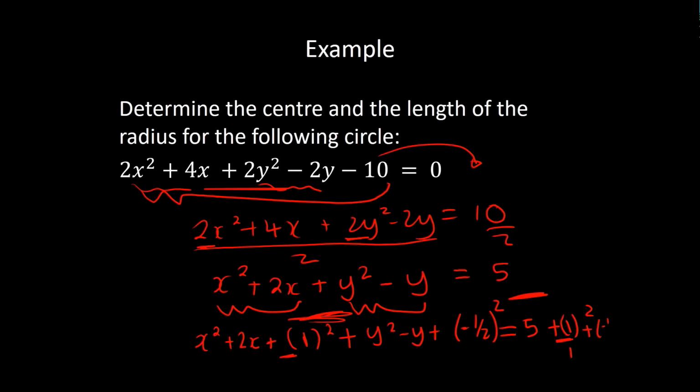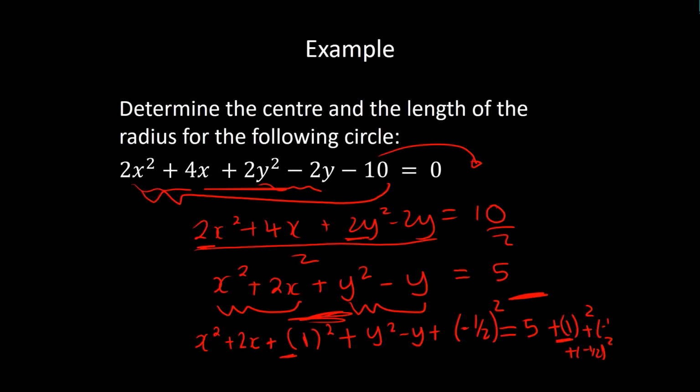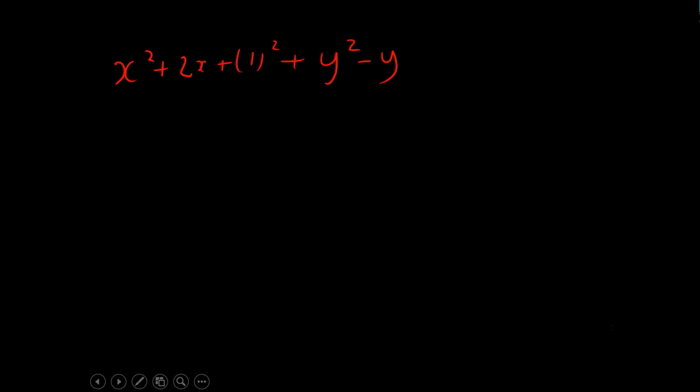So I've got x squared plus 2x plus 1 squared plus y squared minus y plus minus a half squared. And on the right-hand side, I have 5 plus 1 plus a quarter.